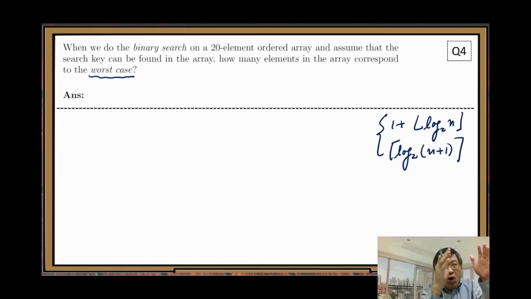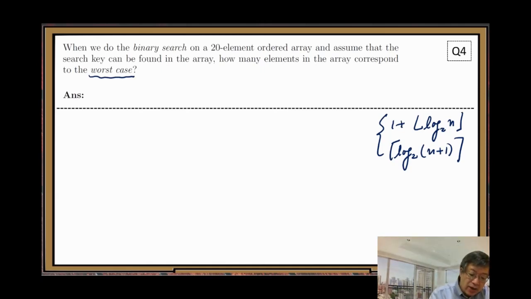You should draw the binary tree that corresponds to the binary search. After you draw that tree, you can count the number of nodes at the bottom level, because the bottom level corresponds to the worst case. So let's do it that way.